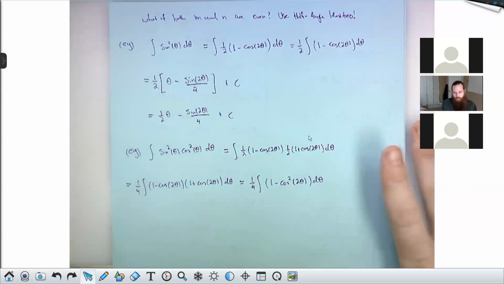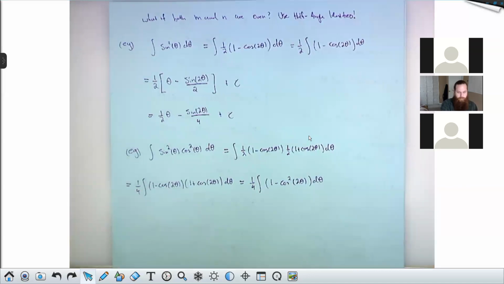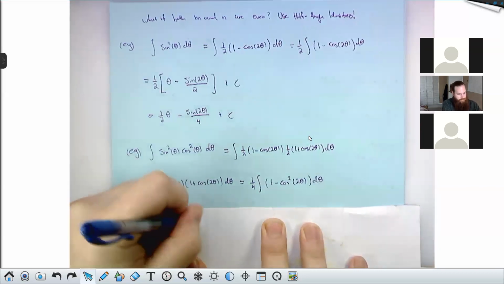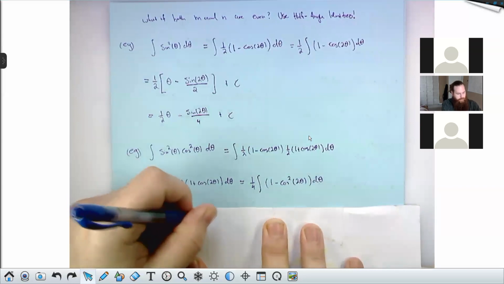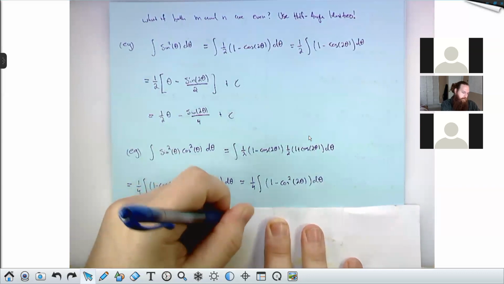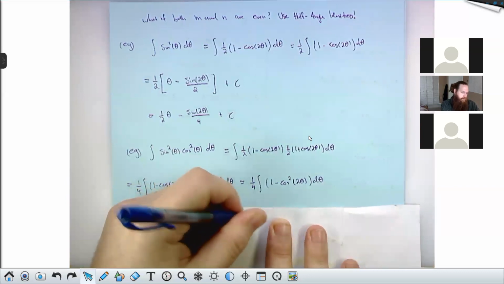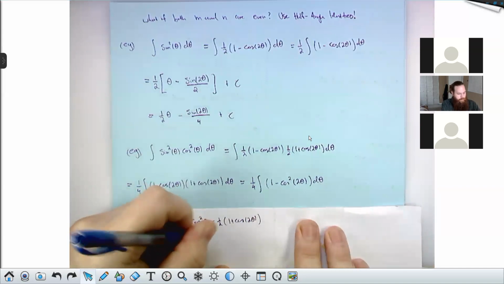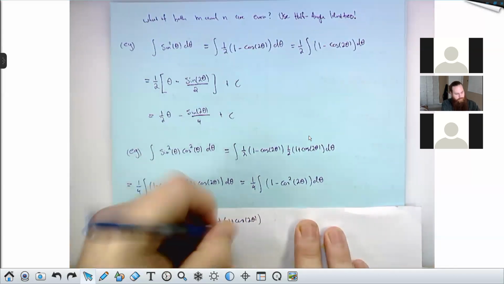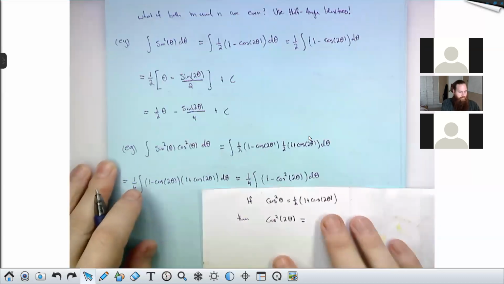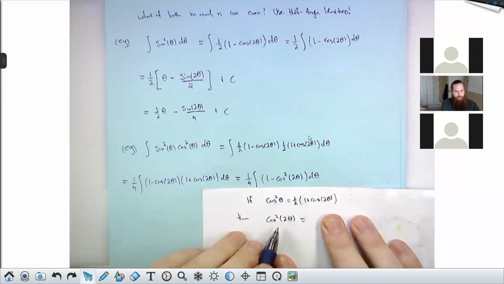Let me pick your brain for just a second here. If cos squared theta is 1/2 times 1 plus cos 2 theta, then what is cos squared of 2 theta? So I'm saying this to help us deal with this piece.